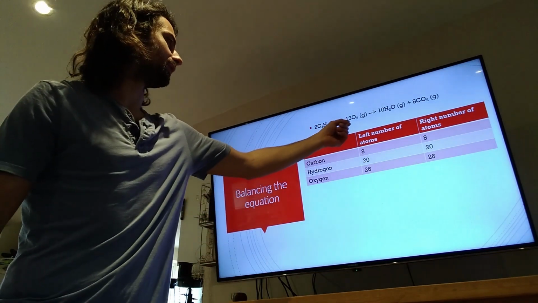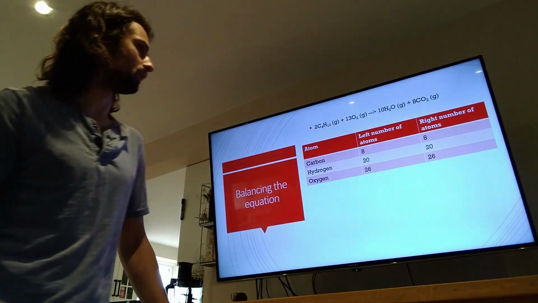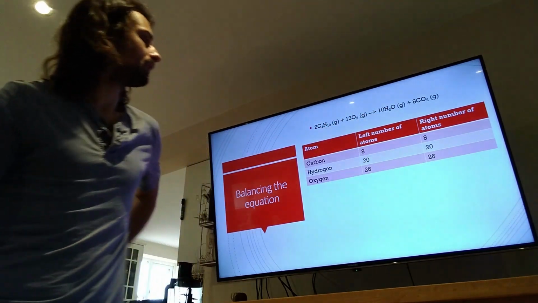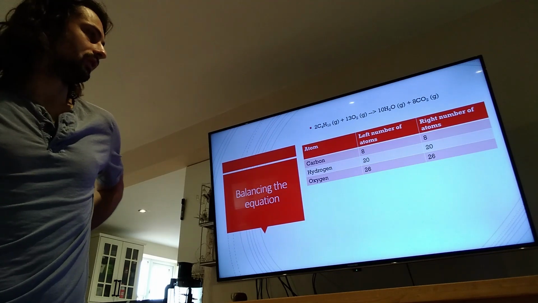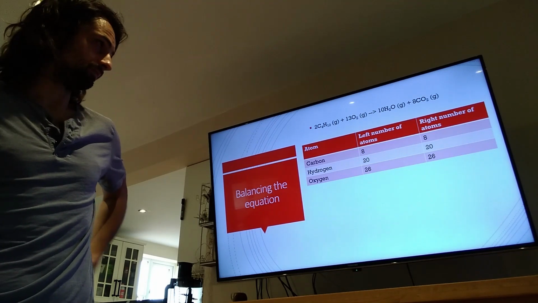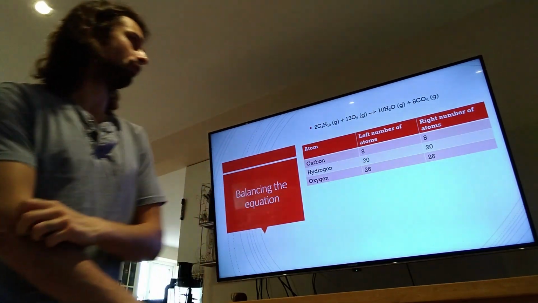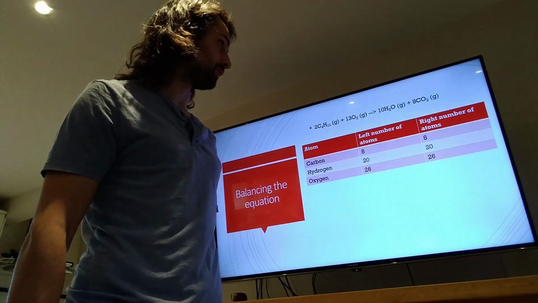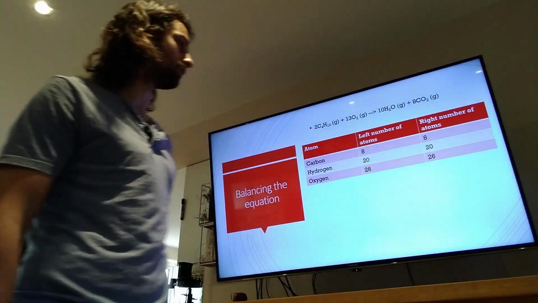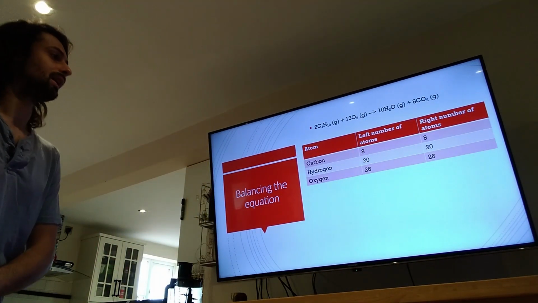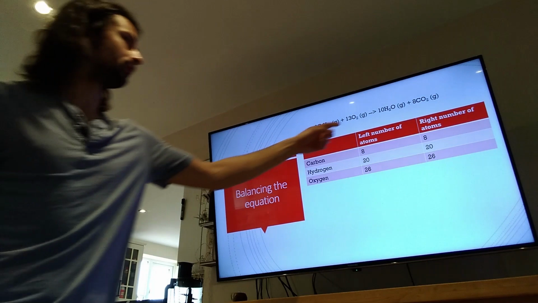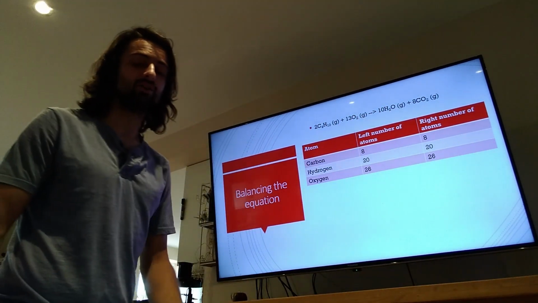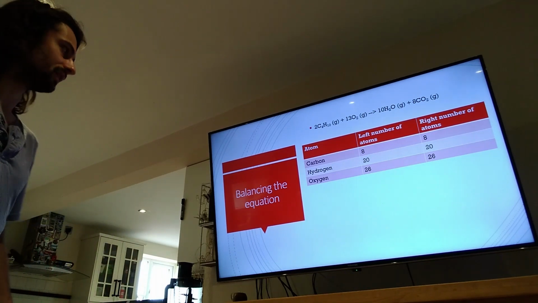So we put in 13 there, so 13 times 2 gives us our 26. We've doubled this up to 10, so originally it was 5 and now it's 10, and we've doubled this one up from 4 to 8, so originally that would have given us 4 times 2, so 8 oxygens, but now it gives us 8 times 2, so 16. So then we add those together and you end up with 10 plus your 16, 26 oxygens. So that's how we balance the equation in this case.